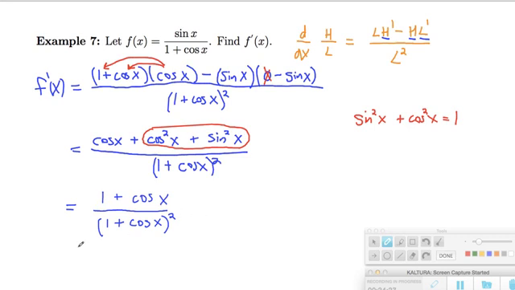So the final simplified form here would be 1 over 1 plus cosine of x, because a 1 plus cosine of x canceled with one of the 1 plus cosine x's in the denominator. So that's it. That's the derivative of sine x over 1 plus cosine of x.